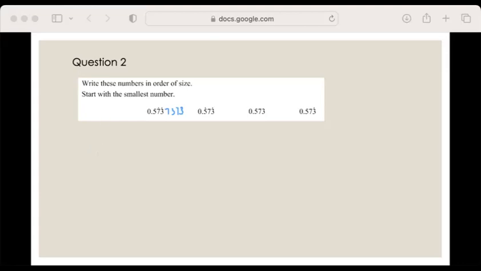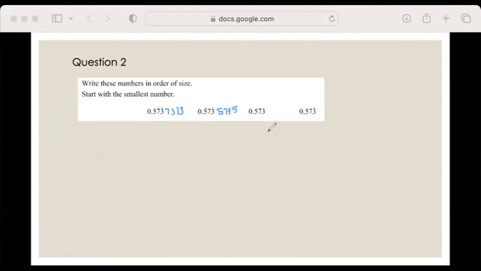Although the middle one is not given as a recurring number, since it is in the middle, it should be recurring. That means this will be 573 and 573 and so on.